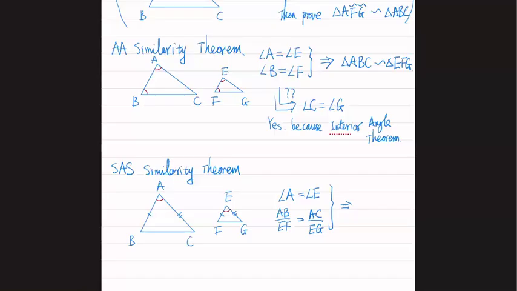This again implies the 2 triangles are similar. Okay, let's see how to prove this. Very useful theorem, but why is it true?